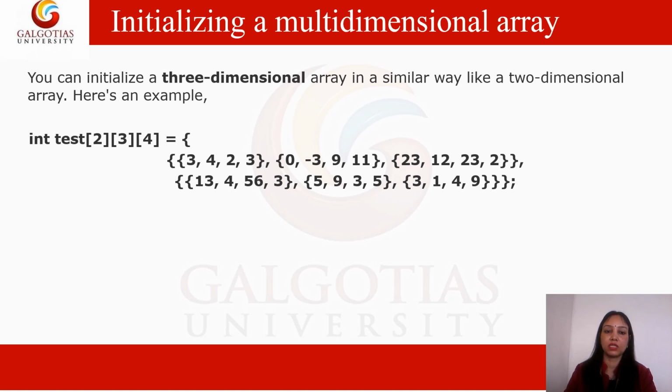So till the last, that is 4, we are mentioning all our numbers. You can see how many elements in total we have to specify: 2 into 3, that is 6, and 6 into 4, that is 24, right? So this 3D array will be able to hold 24 elements.